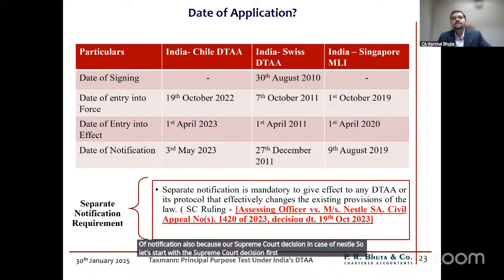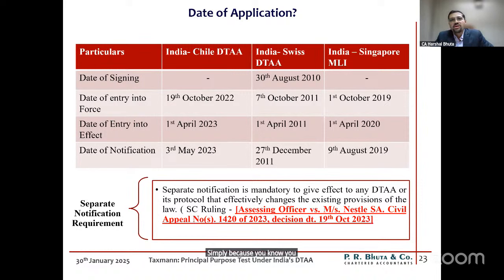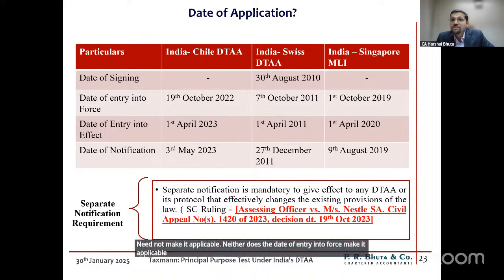So the Supreme Court decision specifically says that a specific, separate notification is necessary and is mandatory in order to give effect to a new DTA or a new protocol. Okay. Simply because you have signed a particular protocol need not make it applicable. Neither does the date of entry into force make it applicable. Neither does the date of entry into effect make it applicable.